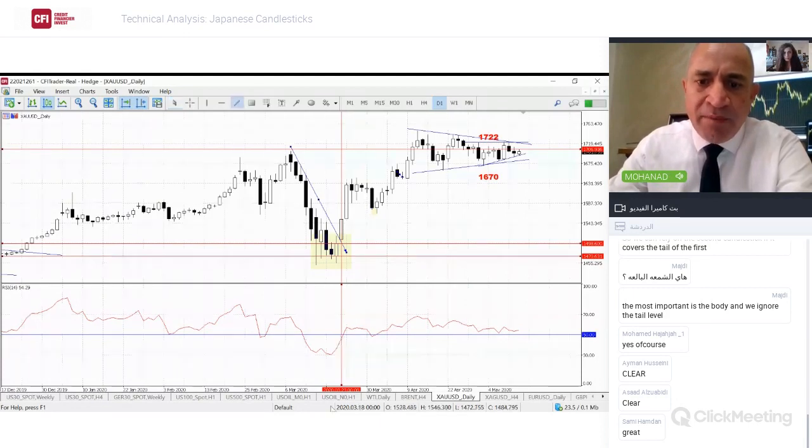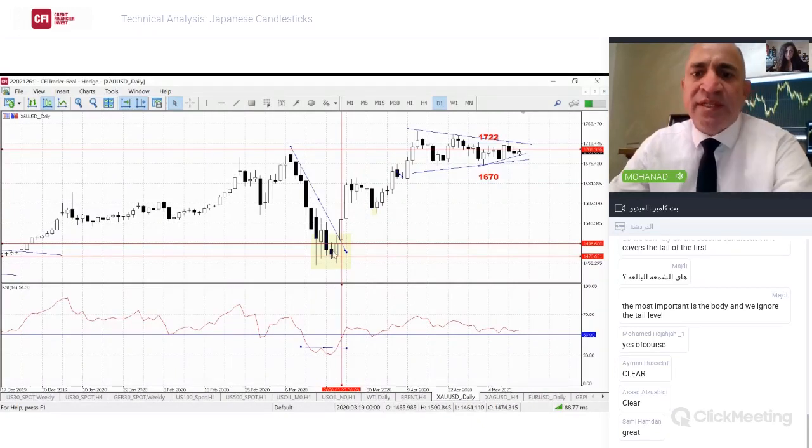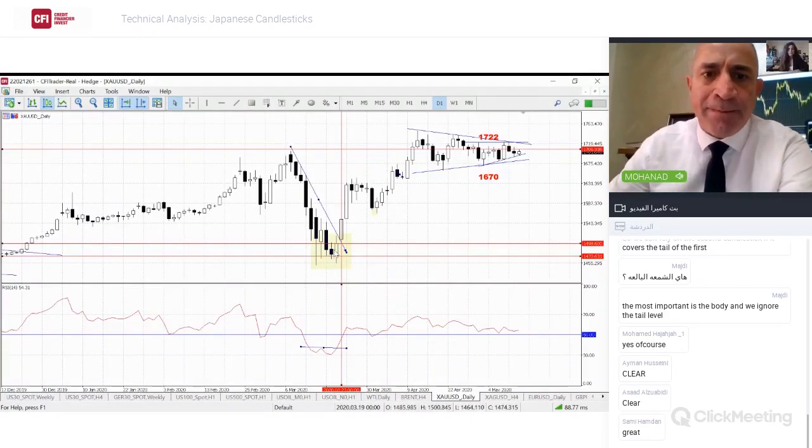Also, we have here a double bottom pattern in the RSI. So all of these confirm the power of this candlestick.